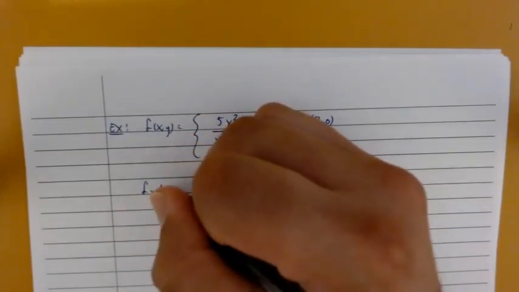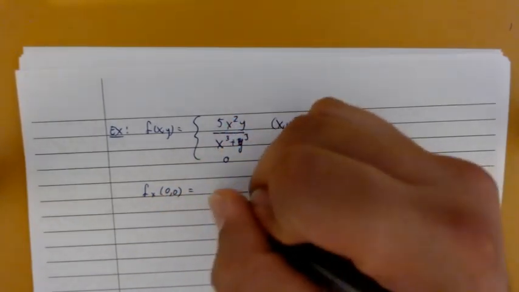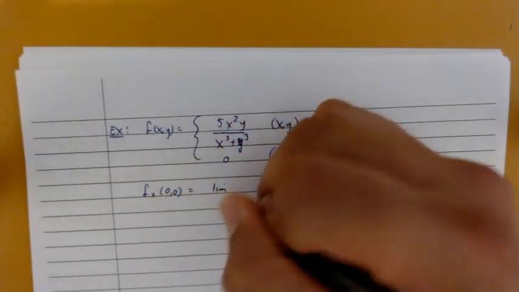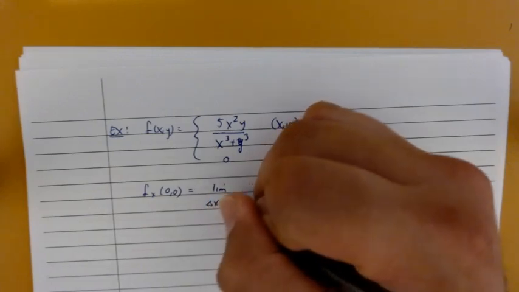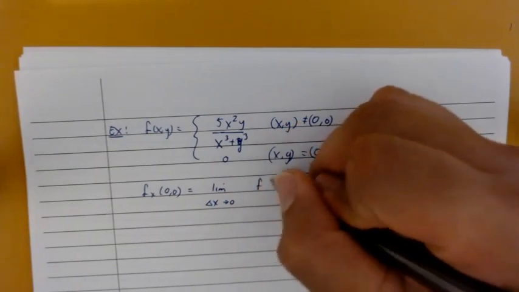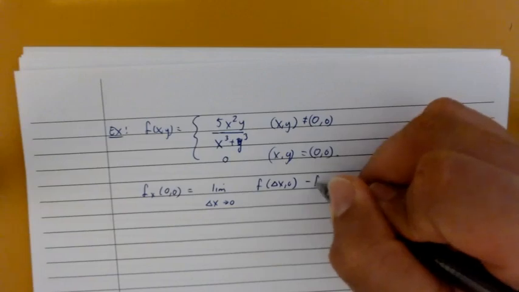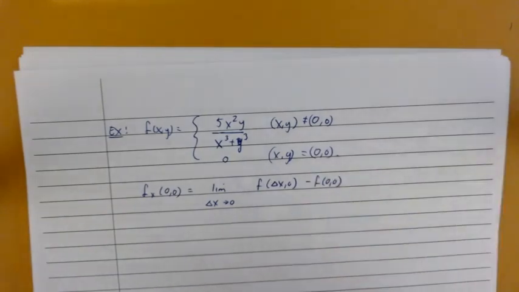f sub x at (0, 0). Let's find that. Okay, well, that's going to be the limit as delta x approaches 0 of f(delta x, 0) minus f(0, 0), and then this gets divided by delta x. Okay?